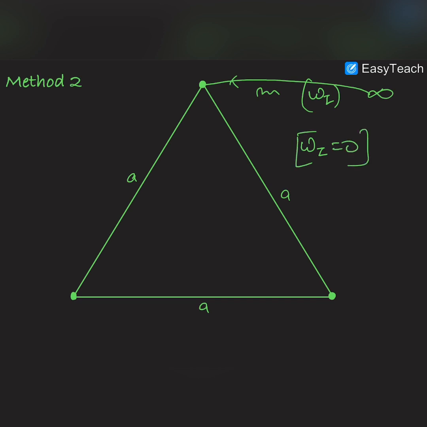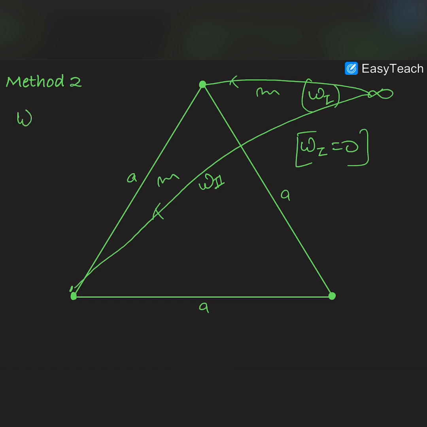Now after bringing this mass, we bring another mass m from infinity to this point, and the work done by us is W2. We have brought this mass after bringing the first mass, so at this point the first mass creates some gravitational potential. So we have to do some work against the gravitational pull of this mass.